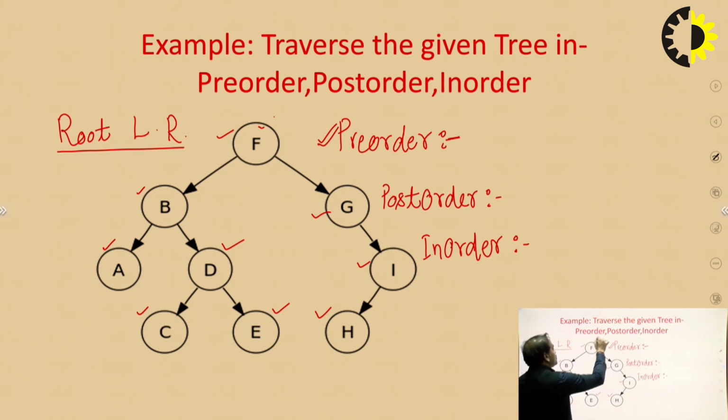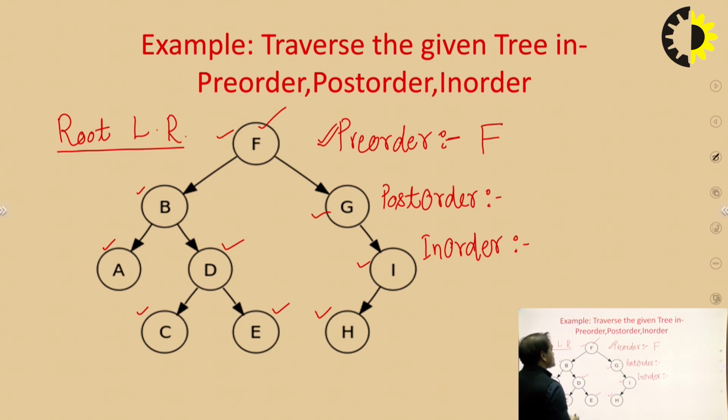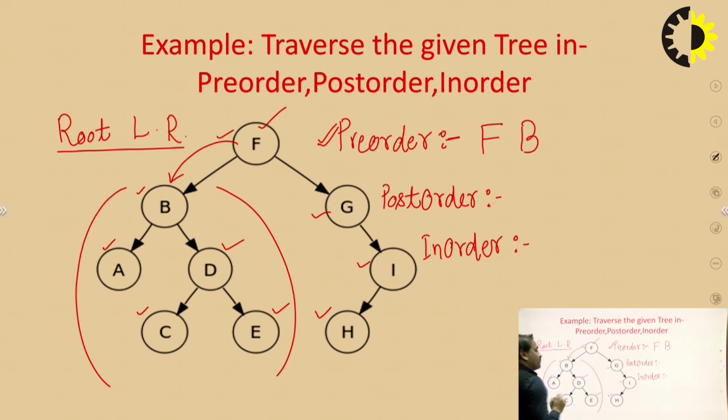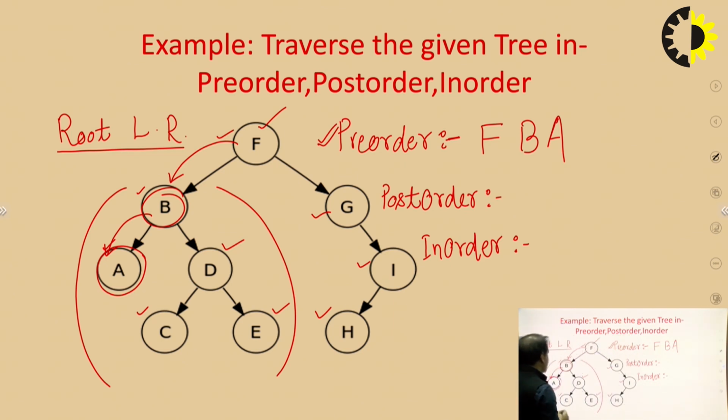Here F is the root, so we have to traverse F. After traversing F, we move on to the left subtree, and the left subtree is B. First we traverse B because B is the root of the left subtree of F. After traversing B, we move on to the left subtree of B, which is A. So we traverse A. After traversing A, we check if there is a left or right child of A. No, there is none.